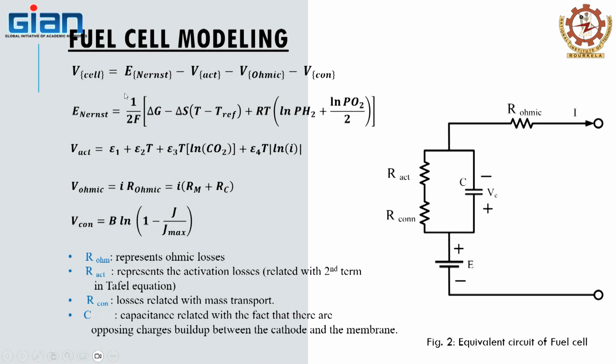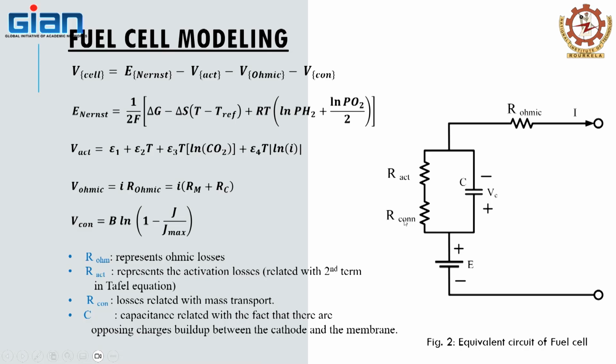So these are the design equations of the fuel cell. Here you can see the cell voltage is defined by the Nernst voltage, subtracted by the sum of the losses occurring in the various parameters. Like here in the equivalent circuit, you can see three resistances are connected.